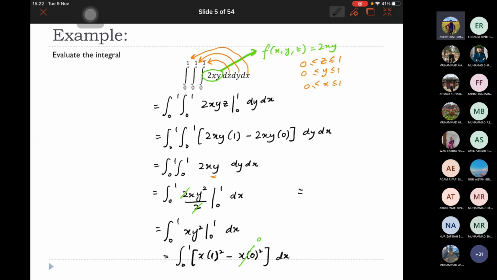So it will become from 0 to 1 the integration of x dx, which will produce the answer of x squared over 2. Substitute with 0 and 1. So you will have the final answer equal to 1 over 2. Okay. So this is the integration for the given function.